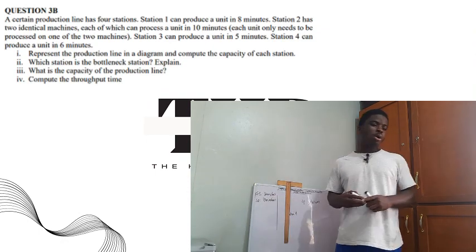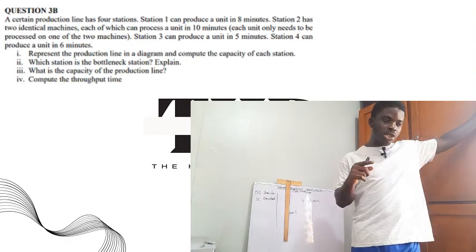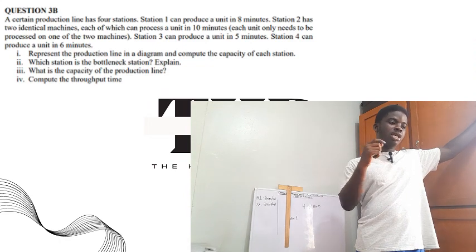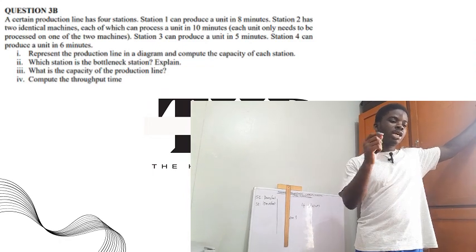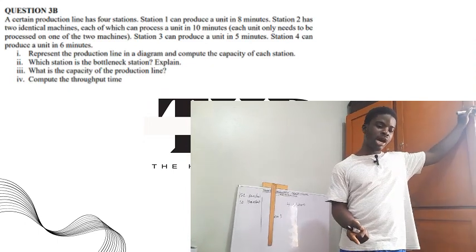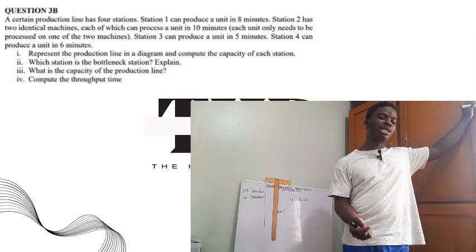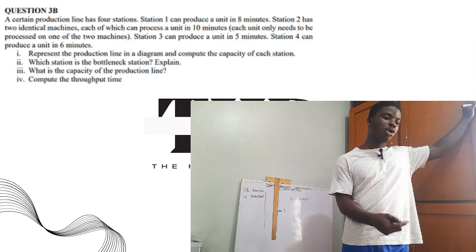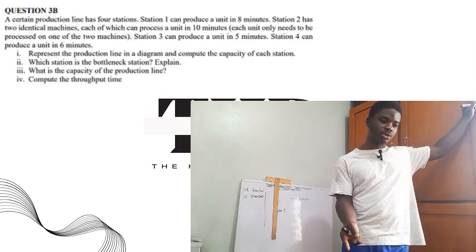What does this mean? Station 2 has 2 identical machines, each of which can process a unit in 10 minutes. And it further states that each unit only needs to be processed on one of the 2 machines.